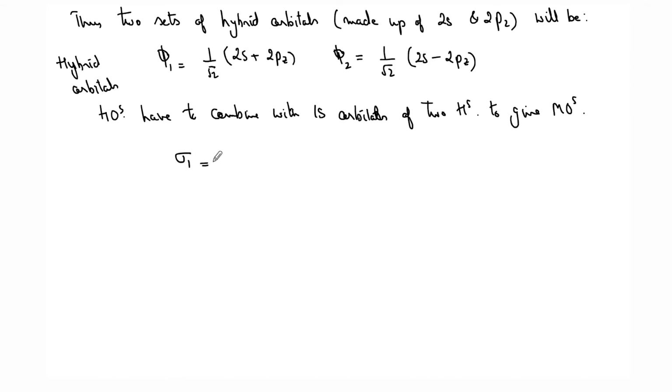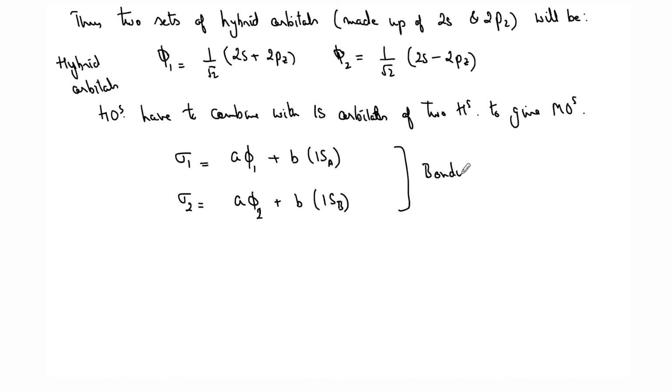We can say sigma 1 combines a times phi 1 plus b times 1s a. This is coming from hydrogen. Similarly, sigma 2 can be written as a times phi 2, plus b times 1s b. This is the second hydrogen. Now these two together will create bonding molecular orbitals.